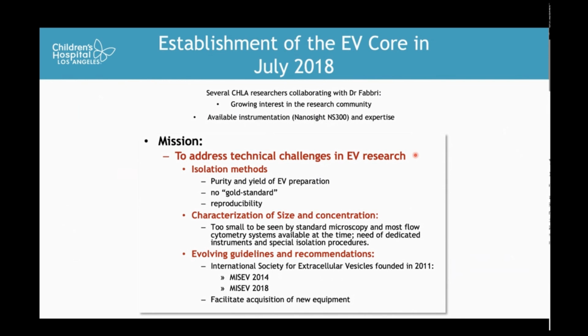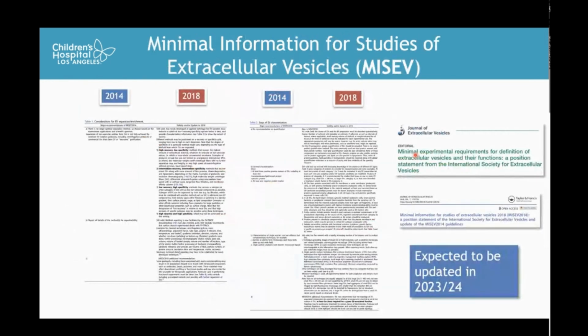So we initially focused on isolation methods and characterization of size and concentration of the EVs, which are too small to be seen by standard microscopy and by most flow cytometer systems available at the time. So there was a need for dedicated instruments. Also at that time, the International Society of Extracellular Vesicles was starting to develop very detailed, non-binding guidelines, which were published in 2014 initially and then updated in 2018.